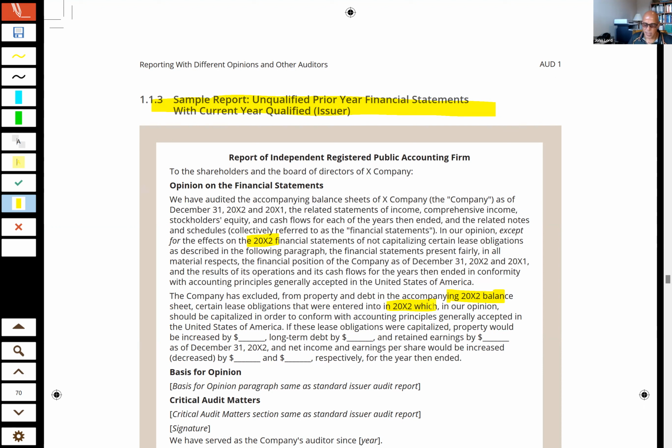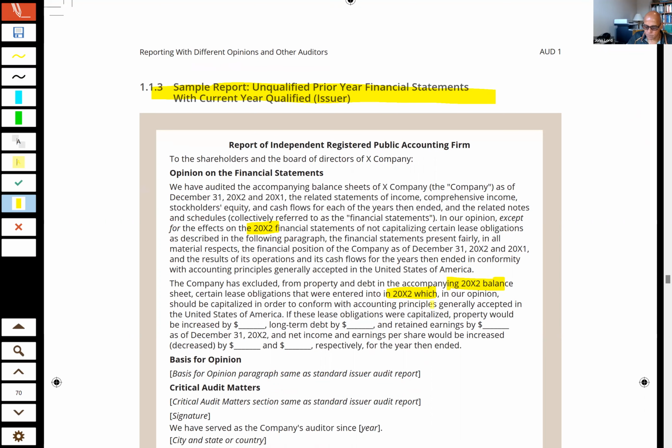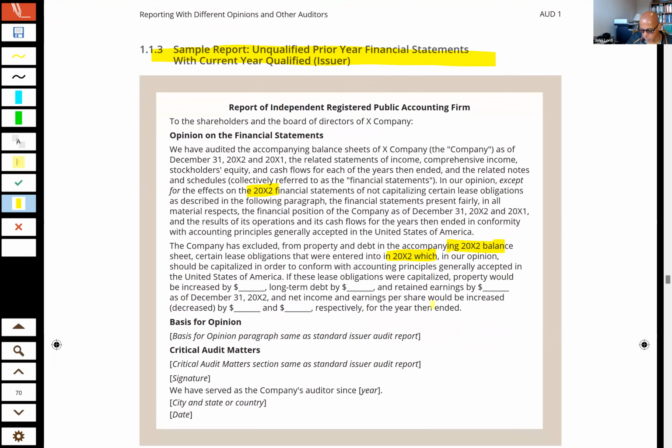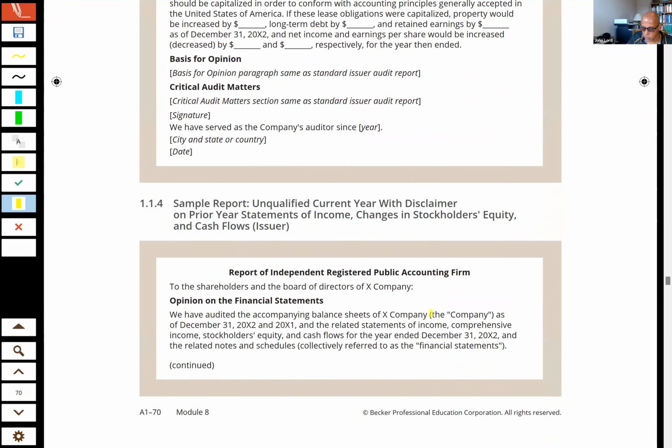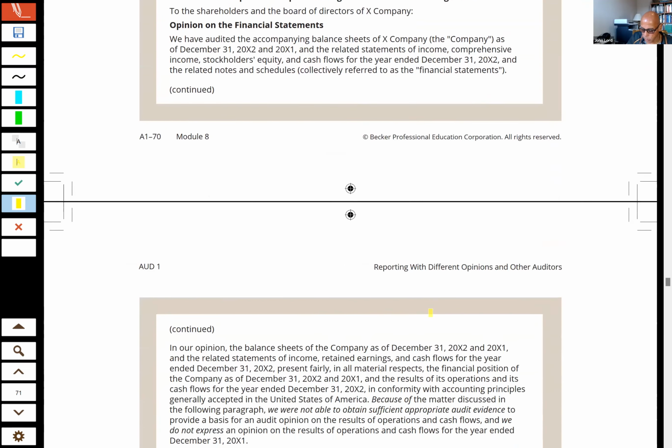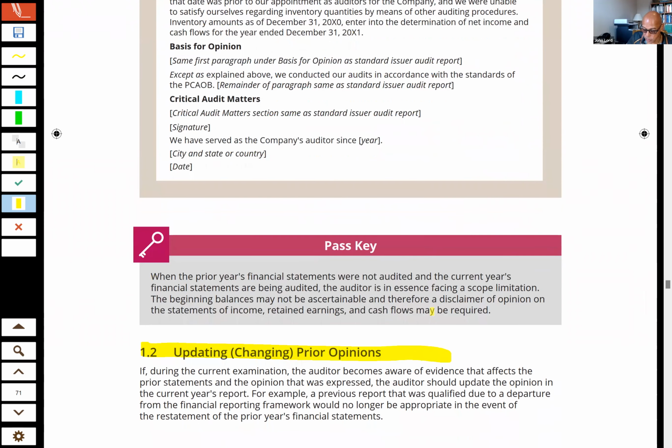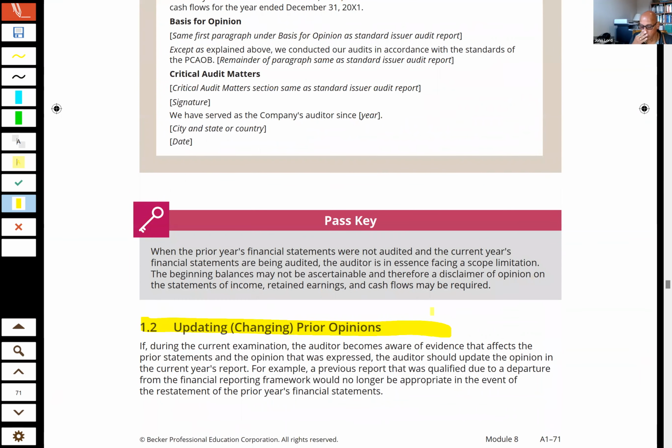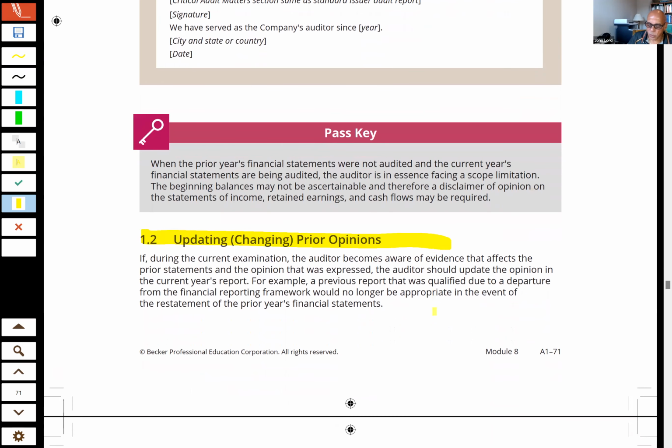Remember, we add an important explanatory paragraph for our qualification for a public company. So keep the same structure, but modify what you put in the report for the qualification as it relates to the year that we're talking about. Now, updating, changing a prior year's opinion.